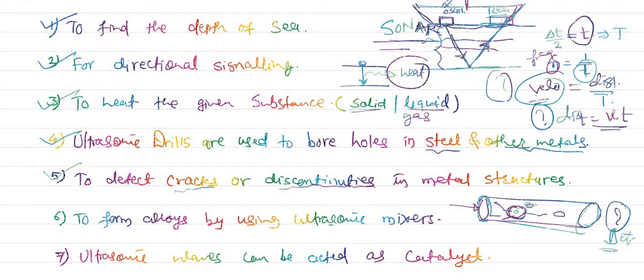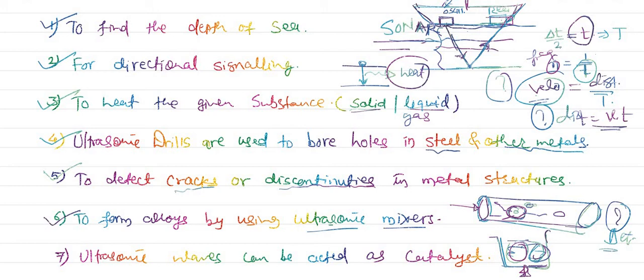Next one, to form alloys by using an ultrasonic mixer. If we are talking about alloy materials, first of all we have to heat those materials and mix them, which we can also call stirring. Two different materials are kept in a boiler, and it is not easy to mix them with a mechanical process because they melt at a very high temperature.